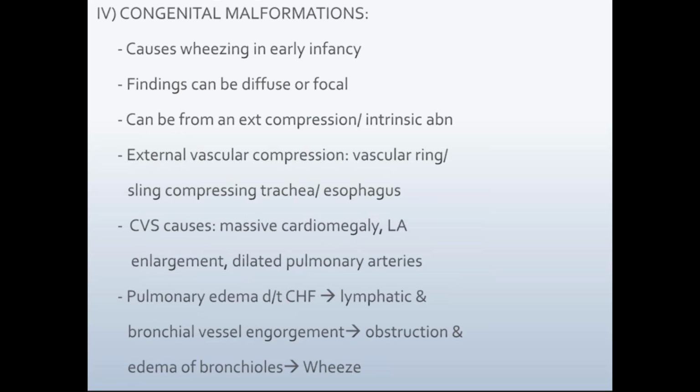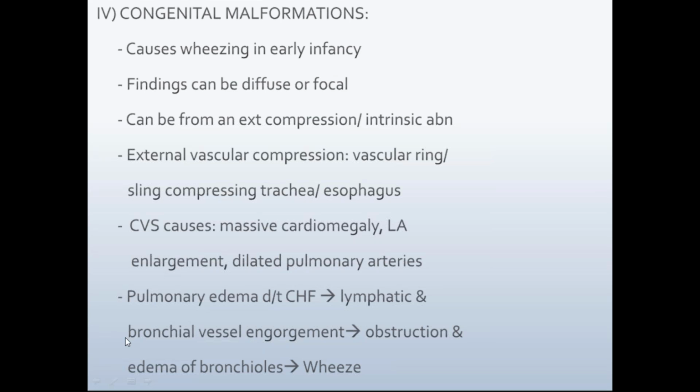Congenital malformations, we already discussed. Any anomalies like vascular rings or vascular compressions that are compressing the trachea and esophagus from outside can also produce wheeze. Serious causes: in congestive cardiac failure we get a wheeze due to lymphatic and bronchial vessel engorgement leading to obstruction and edema of bronchioles, subsequently producing wheeze.